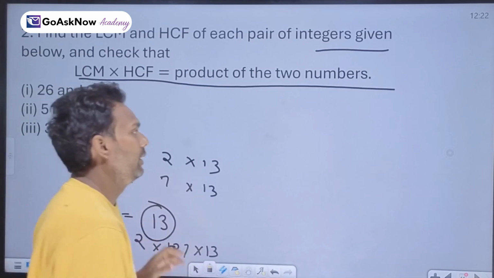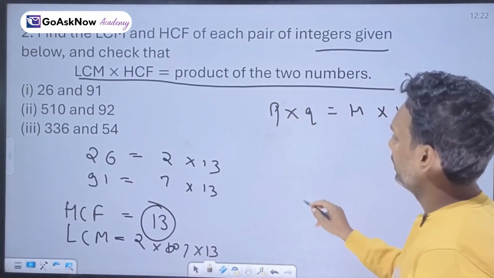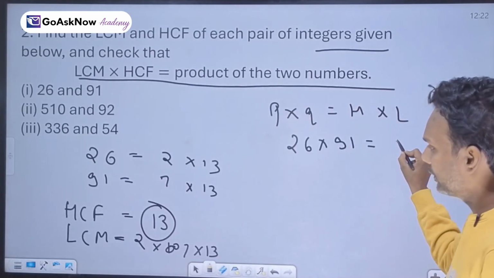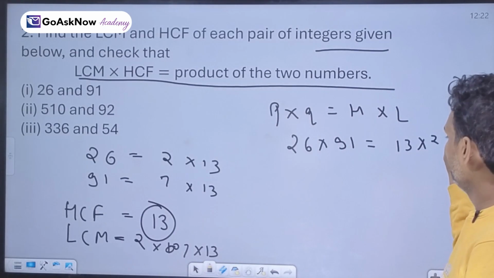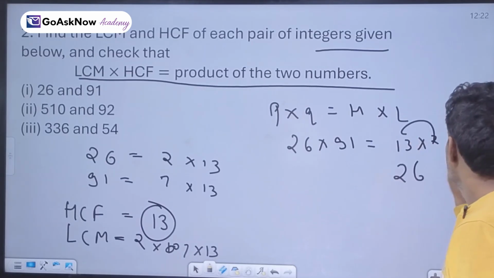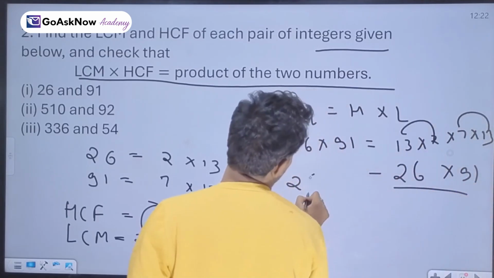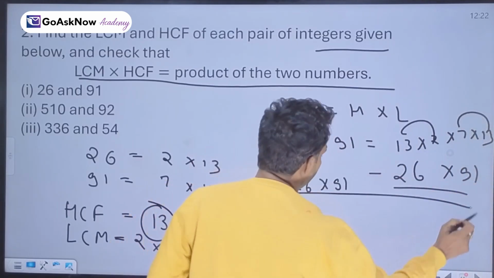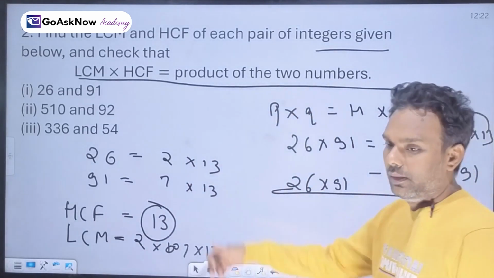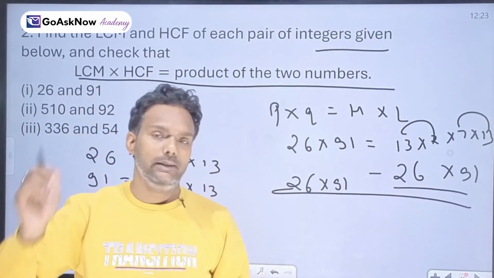Now we will verify whether P into Q is equal to HCF into LCM or not. P into Q is 26 into 91, and HCF into LCM is 13 into 2 into 7 into 13. 13 into 26 is the same as 7 into 13 into 91, and LHS is equal to RHS. Verified. For any two numbers, the product of P and Q is equal to the product of its HCF and LCM.